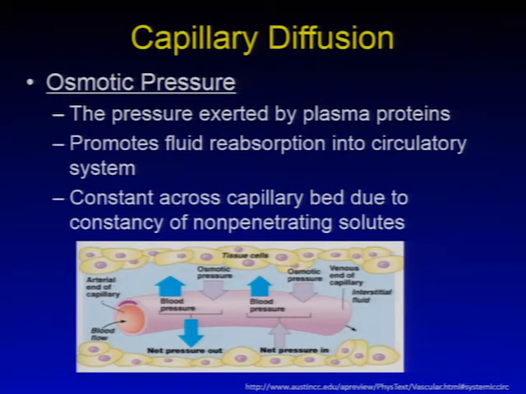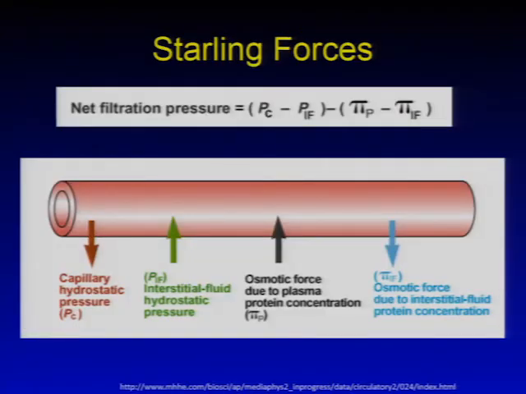You can see in this diagram, dependent on the extent of hydrostatic pressure, allowing fluid extravasation from the capillaries, as well as osmotic pressure within the vessel, there's either a net gain or loss of fluid. So Starling's equation describes the net filtration process. And the first parts have to do with the hydrostatic pressure within the capillary as well as the interstitial fluid.